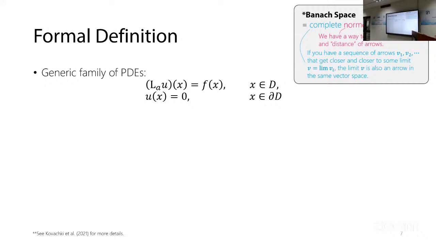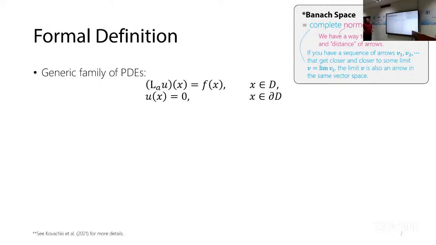For a more formal definition of how these operators can be used for solving partial differential equations, we're going to consider a generic family of partial differential equations. We consider a PDE where on the left-hand side we have some differential operator L_A, and A is, as we're going to see later, a set of physical parameters.